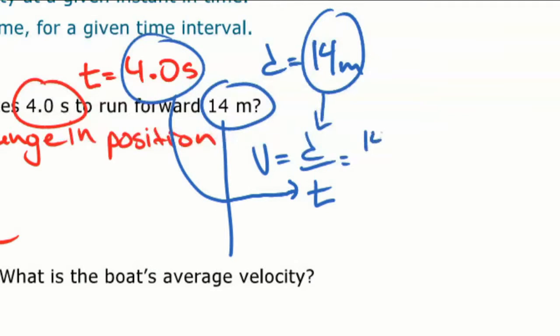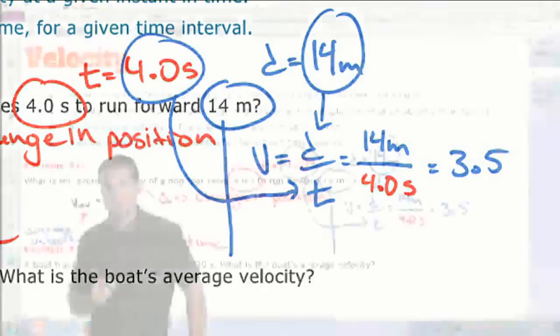So I have 14 meters divided by 4.0 seconds. 14 divided by 4, I don't know what that is. Actually, I do, it's 3.5. Plug it into my calculator anyways, just to make sure. So I end up with 3.5.